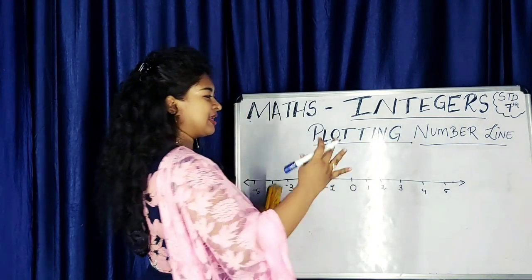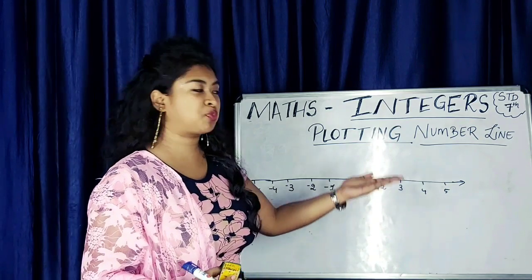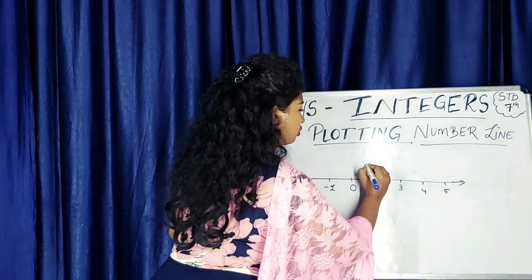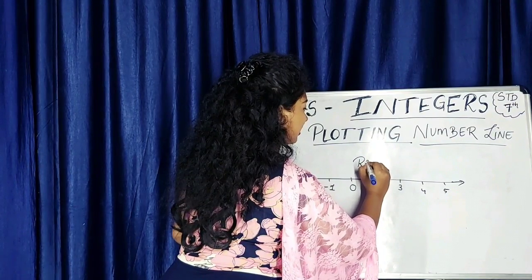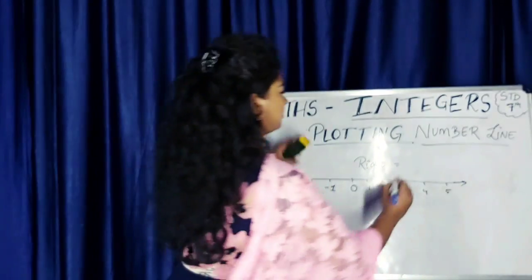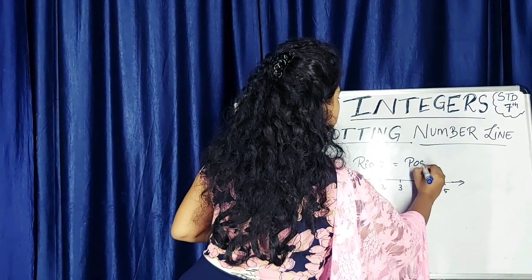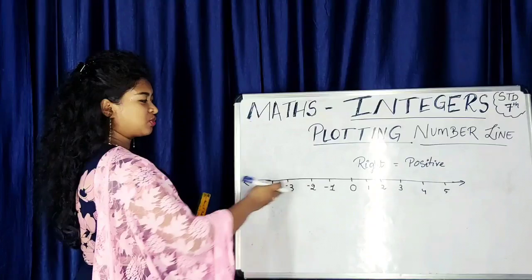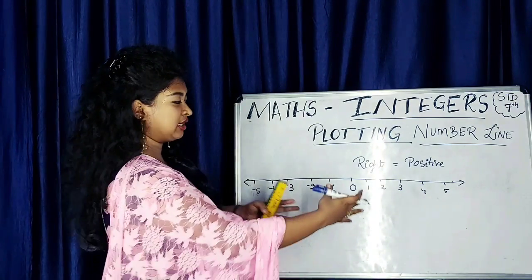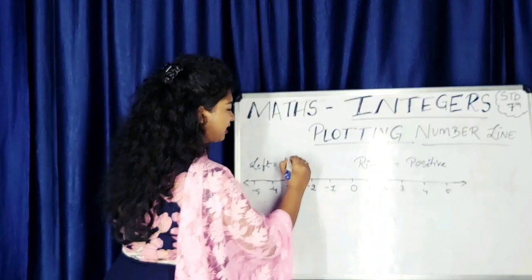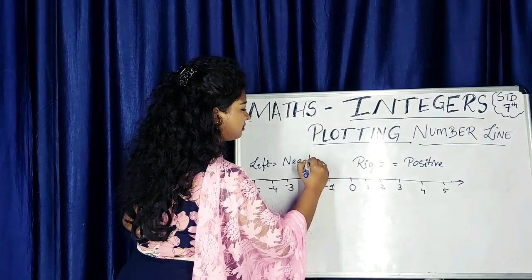So जो भी numbers, the numbers which has positive sign, the numbers which has plus sign, तो that is known as, जो कि right side में है आपको number line में दिख रहा है, that is your positive integers. What it is? It is positive integers. The numbers which have the minus sign on it on the left hand side, that is known as negative integers. What it is?